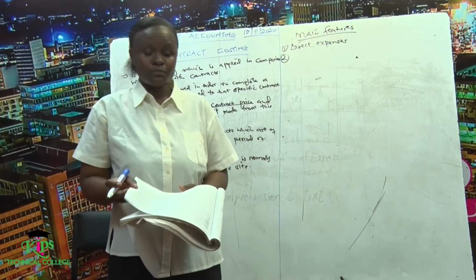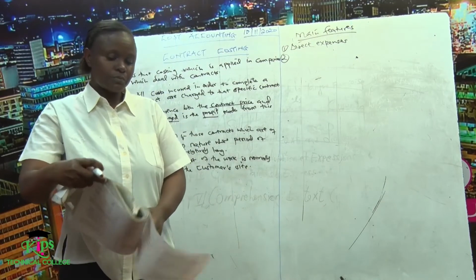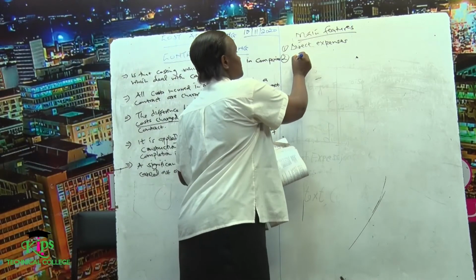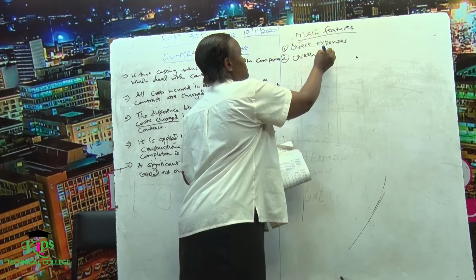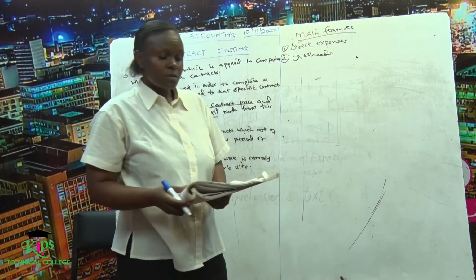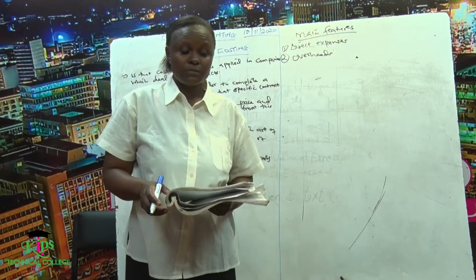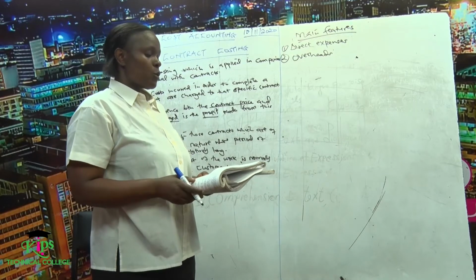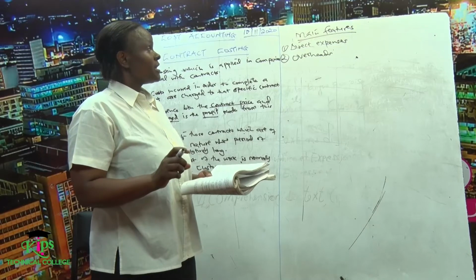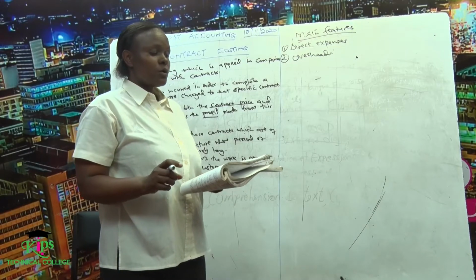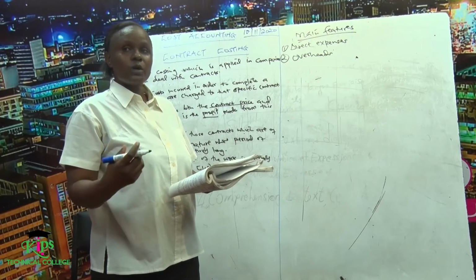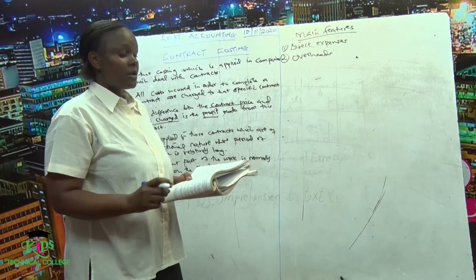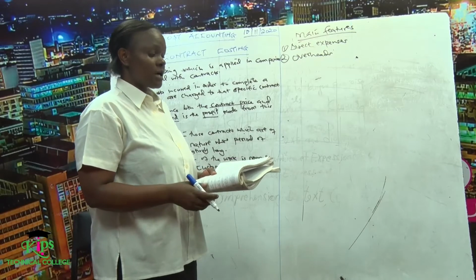Feature number two is overheads. Overheads are the expenses such as site telephone, electricity, repair, water, and any other expense which is incurred when you are doing the contract. So these expenses are allocated to the respective contract account.